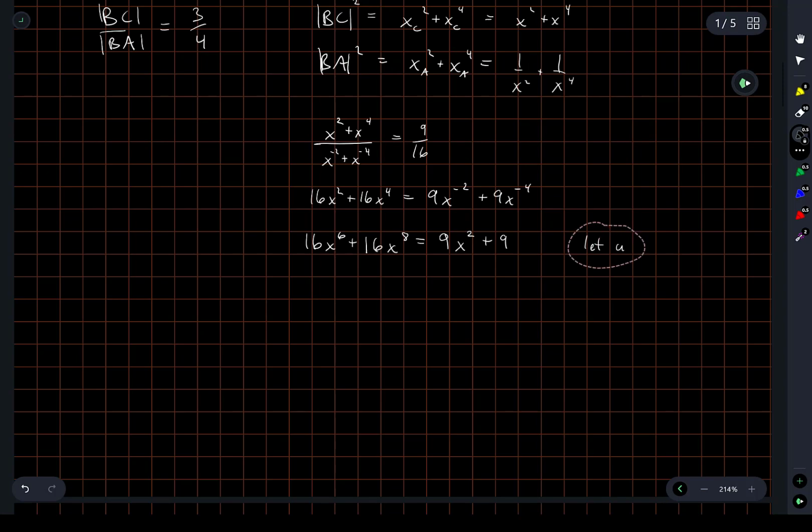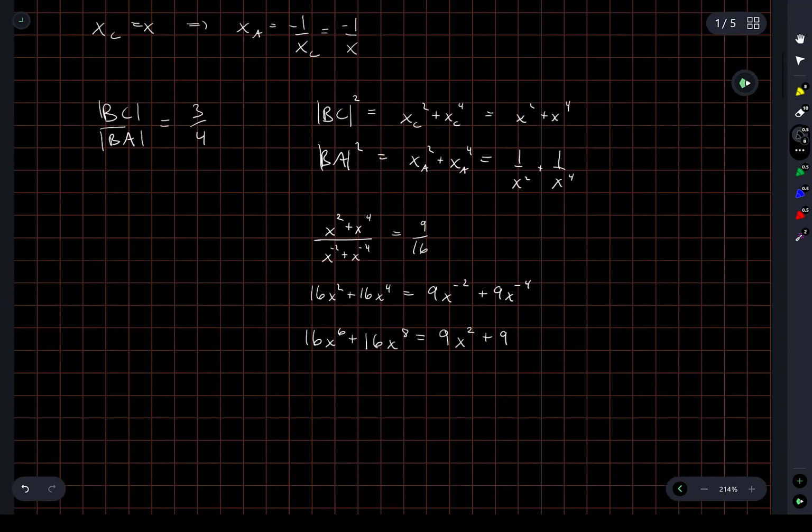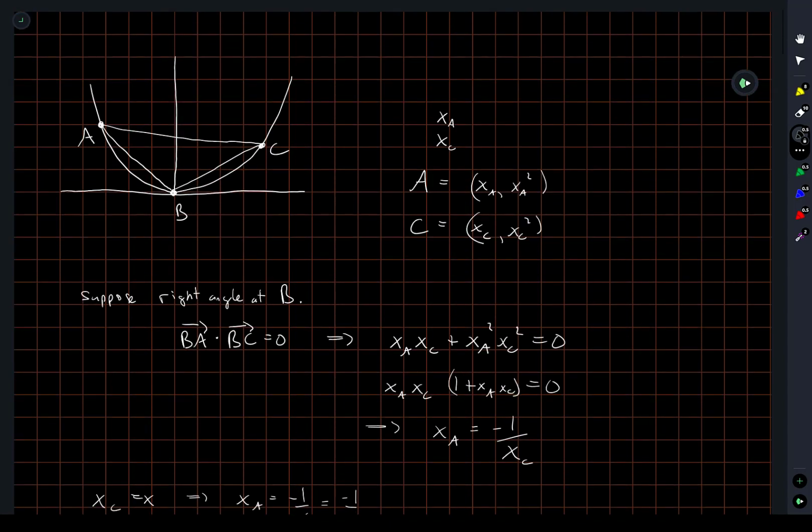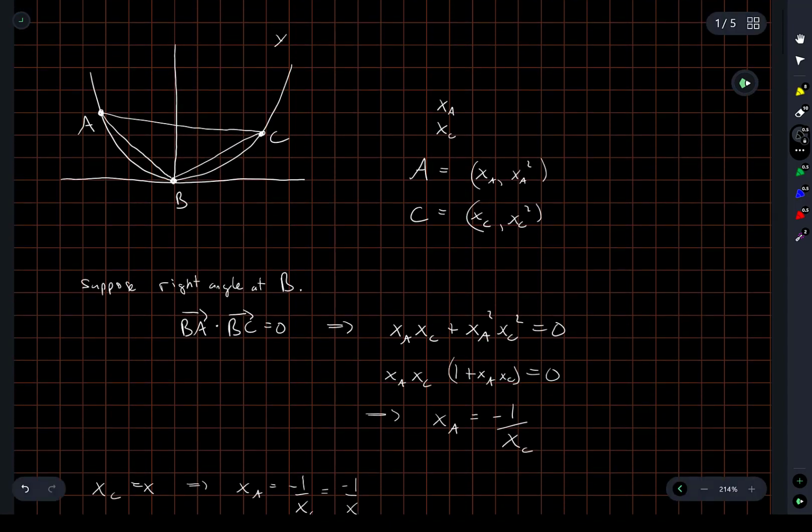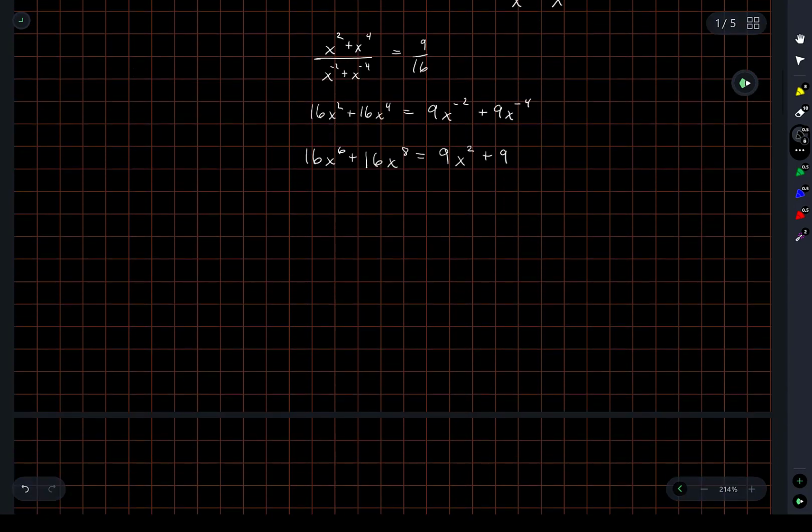In fact, this parabola is given by y equals x squared. So if we think about using the y coordinates of everything instead of the x coordinates, this is the same as 16y to the 4 plus 16y to the 6 minus 9y minus 9 equals 0.